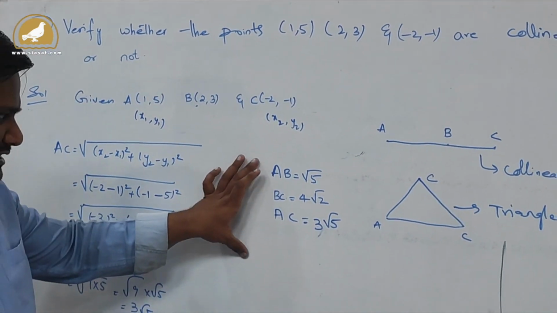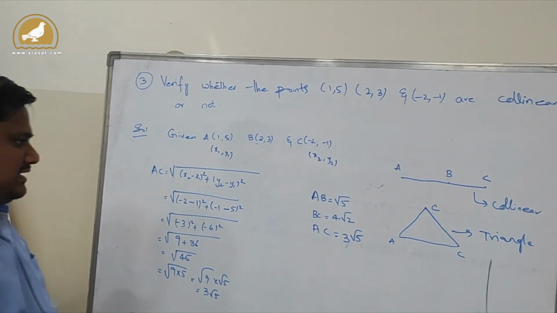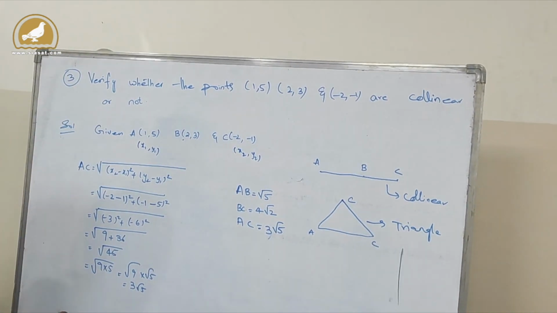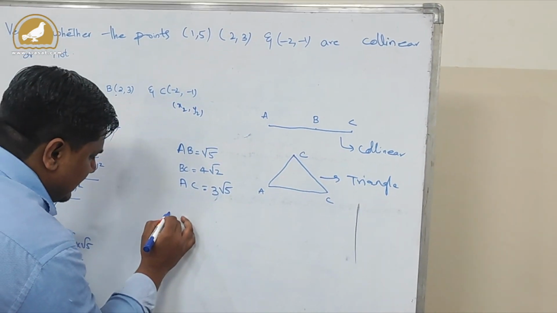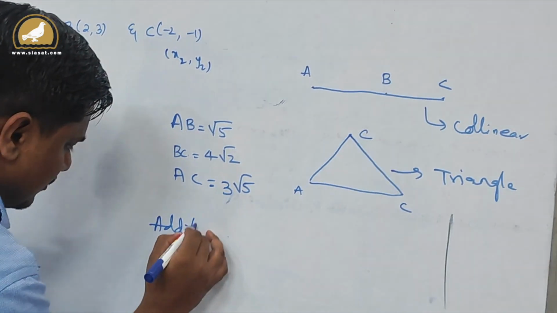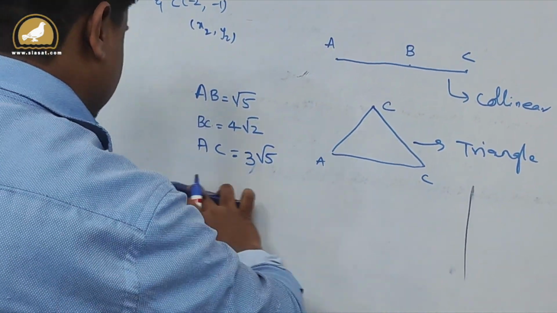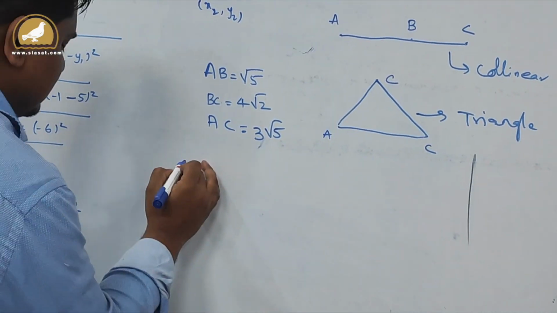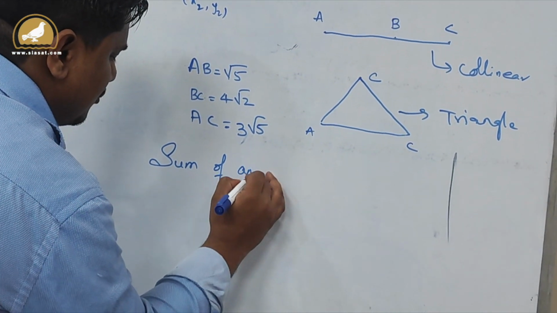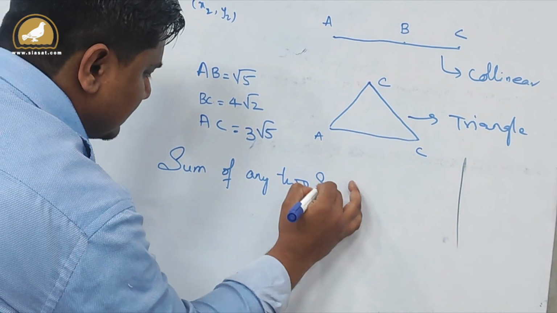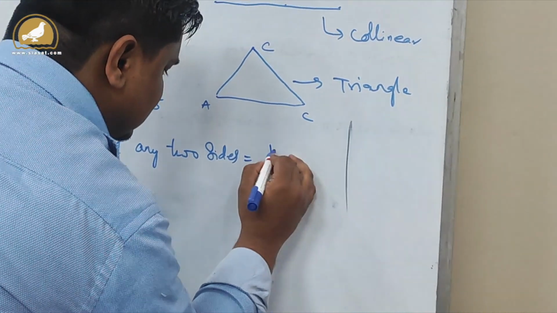We got the distances between the pairs of points, AB, BC and CA. Now we need to check whether the sum of any two sides is equal to the third side.